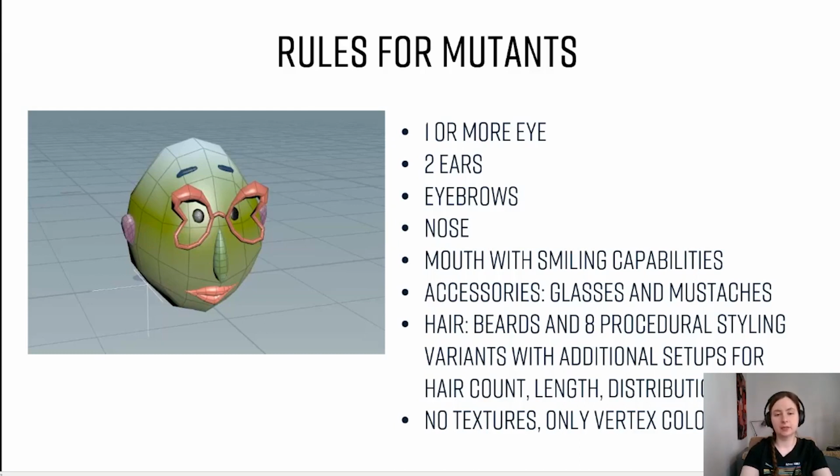They will have accessories, in our case glasses and mustaches, and also 8 procedural styles for hair, with parameters for hair count, length, and distribution. We decided to simplify our life by not having textures, because textures means unwrapping, and in Houdini it's easy, but it's still hard, because you will have this texture overhead in VR, so we decided to just not use them and just use vertex colors and fun shaders in Unity.